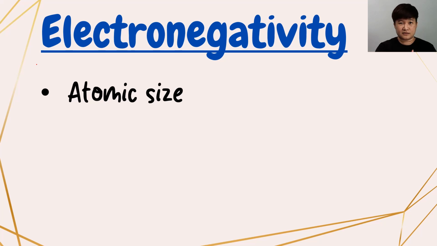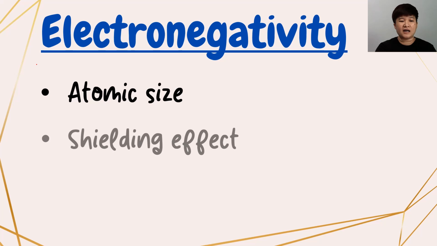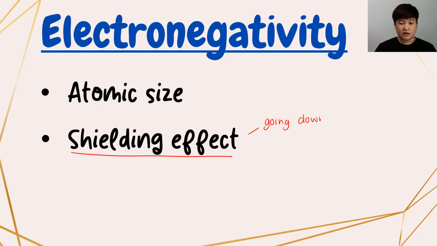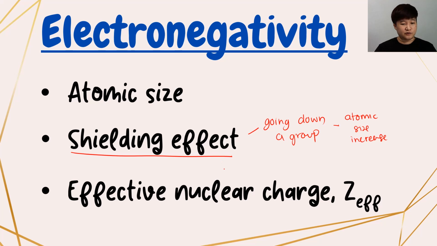As a conclusion for electronegativity, electronegativity is actually highly affected by atomic size. Alright? Atomic size. And we know that atomic size is highly affected by shielding effect when you are going down a group. Okay, so we are still talking about the same thing. When you are going down a group, the atomic size will increase. And the next one, effective nuclear charge. And when do we use effective nuclear charge?